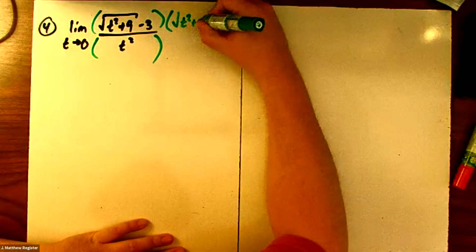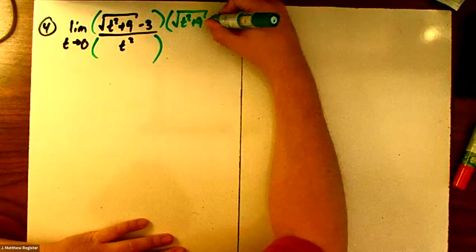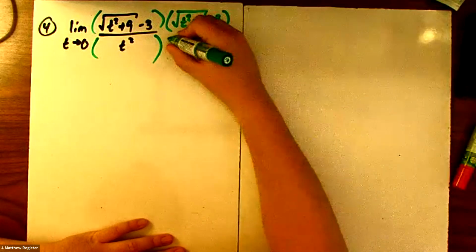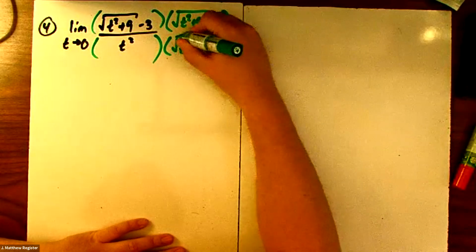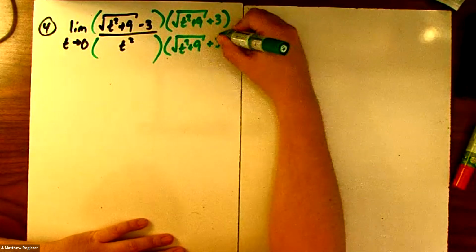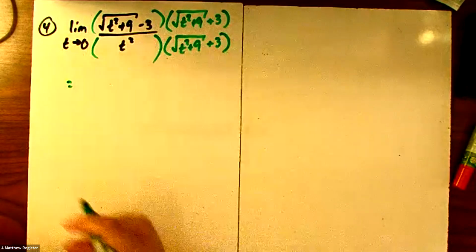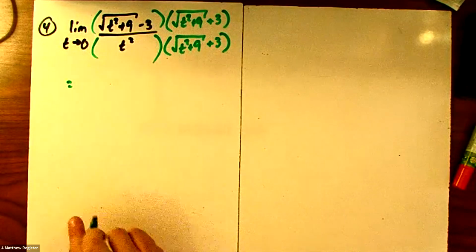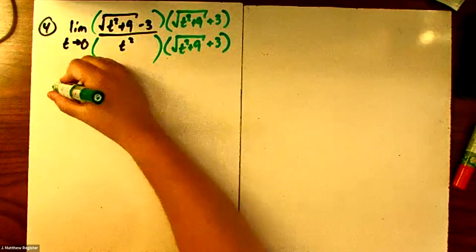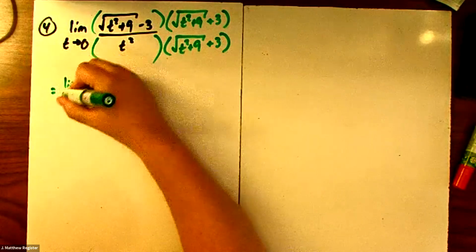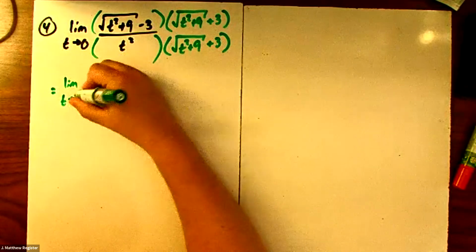So square root of t squared plus 9 plus 3, and square root of t squared plus 9 plus 3. The numerator now will become, oh, and don't forget to rewrite your limits. I almost forgot. Limit as t goes to 0.